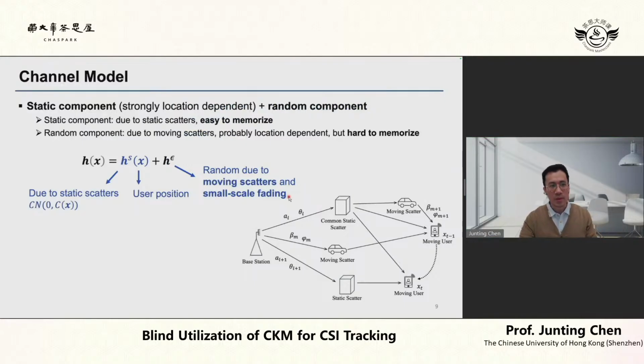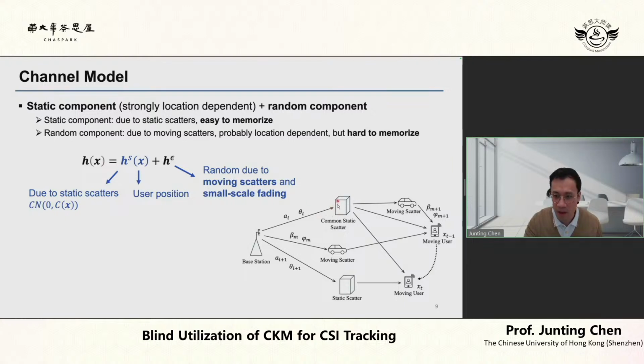Now, we need to first think of a channel model, right? Because we talk about CKM, we talk about memorizing the CSI, then we need to first figure out what we memorize and what cannot be memorized, right? Because the channel itself is time varying and random. So we try to understand the channel as a composition of two components. One is the channel that is due to static scatterers.